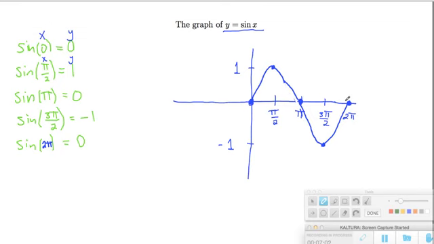And that's a complete period, a complete rotation of the graph of y equals sine of x. Now remember, as you rotate around the unit circle, you're just going to keep getting the same values. So if you wanted to keep drawing this picture, it actually just keeps repeating like that, in both directions.